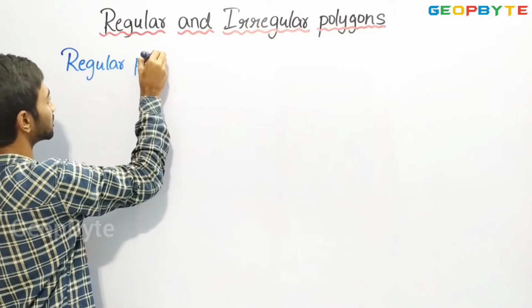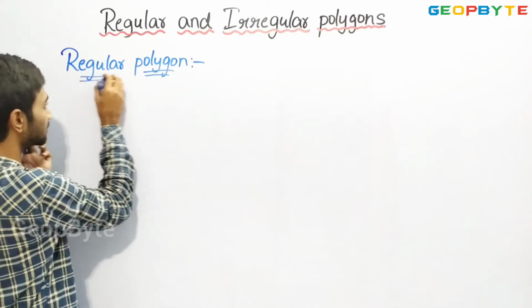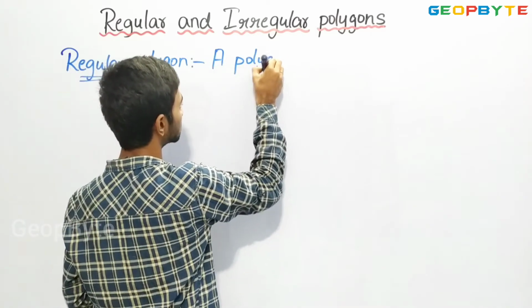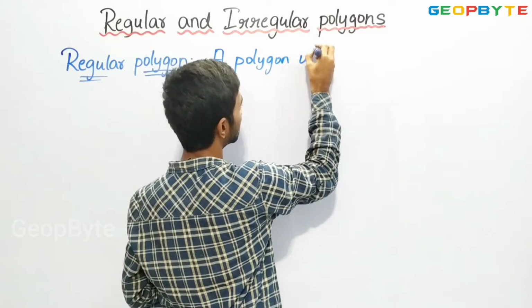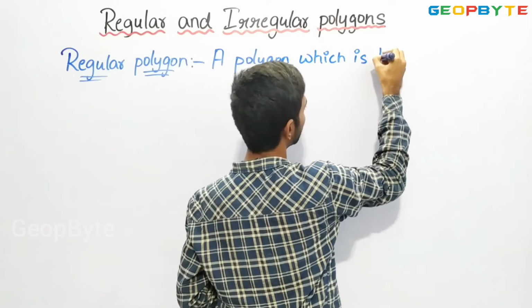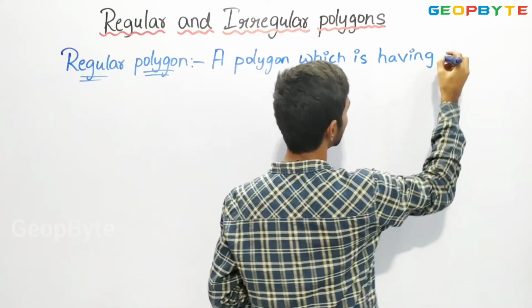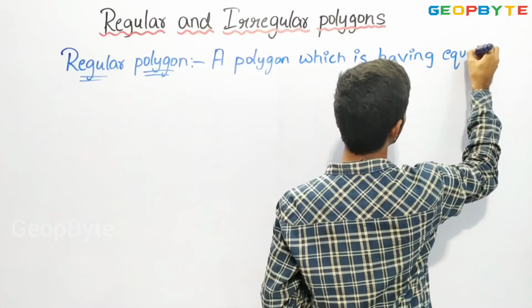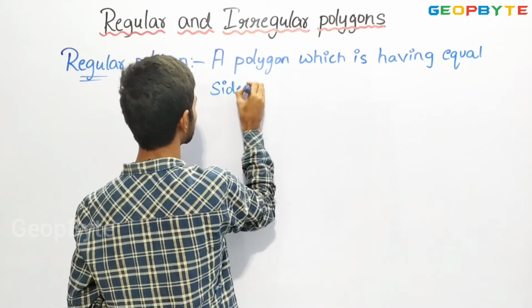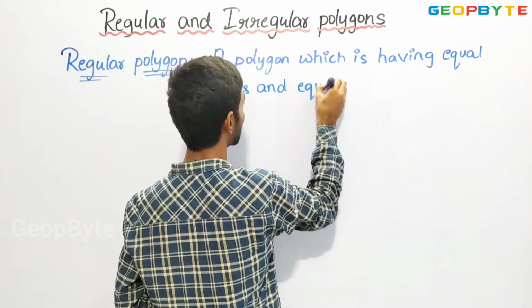Regular polygon. A polygon which is having equal sides and equal lengths, equal angles.